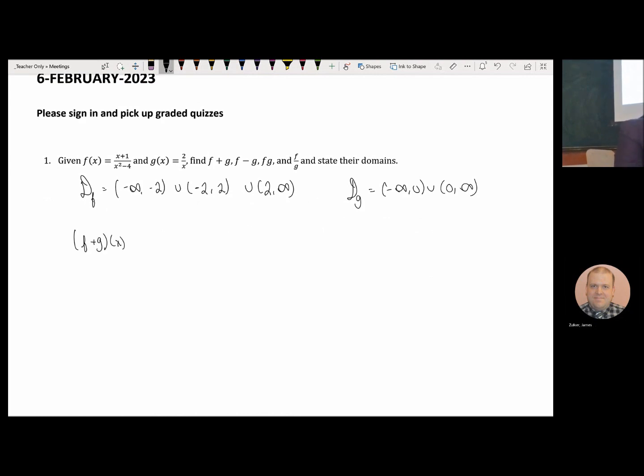That is the function f plus g. It is a brand new function. And boy, is it difficult to find.